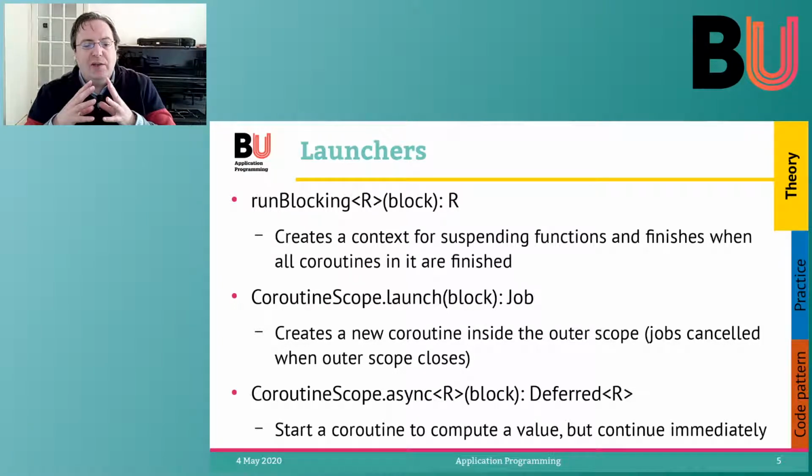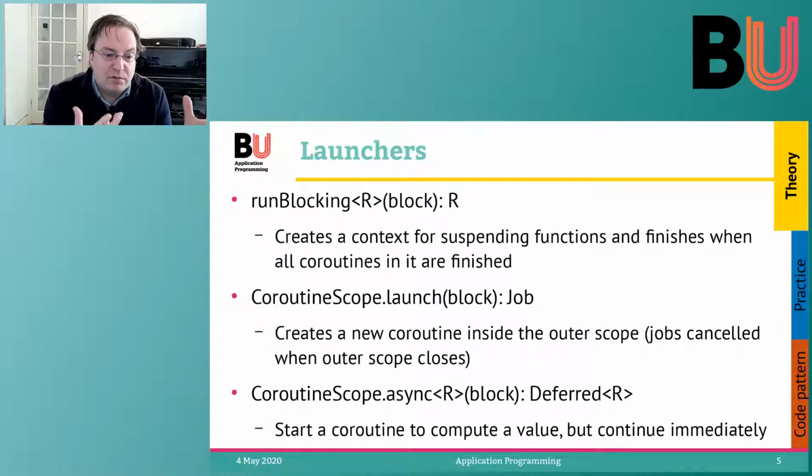So how do you start a coroutine then? There are basically 3 launchers. There is the runBlocking launcher, and the interesting thing about runBlocking is that it doesn't come with a coroutine scope.